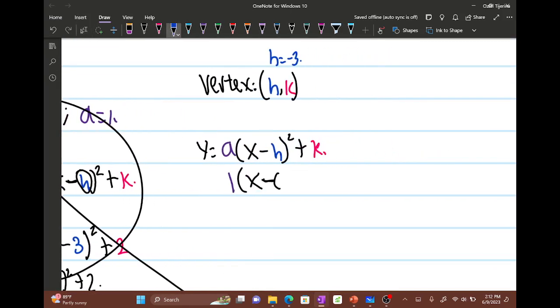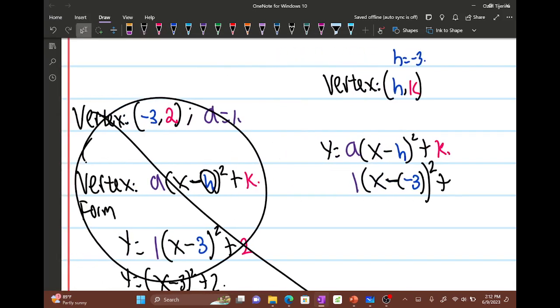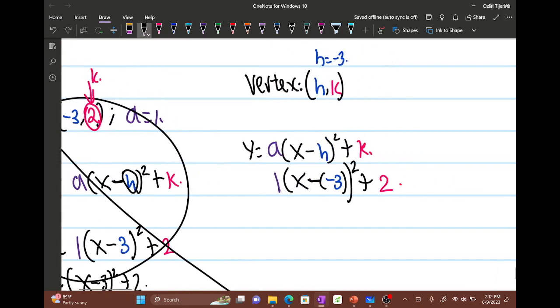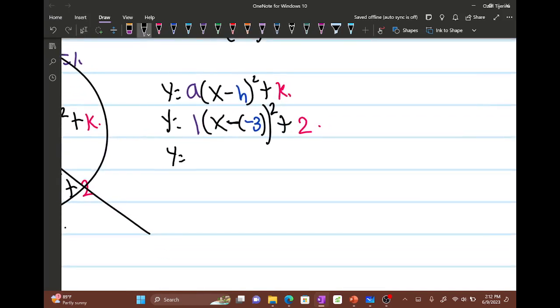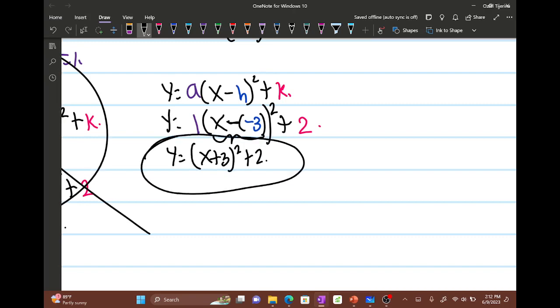We would then put minus negative 3 in parentheses, squared, plus our k value. Our k value here was 2, so that would be plus 2, right? And so then we would end up with the quantity x minus negative 3, which is x plus 3, quantity squared plus 2. This is the correct answer.